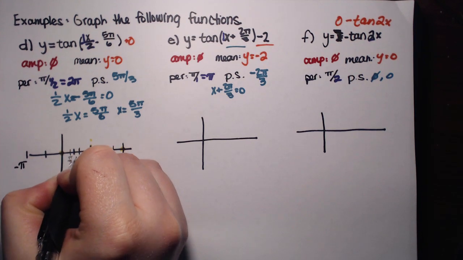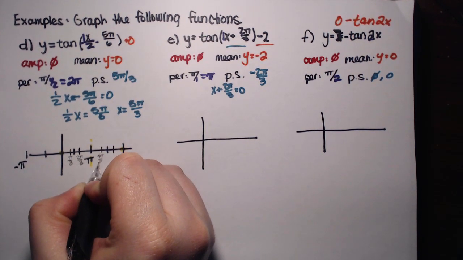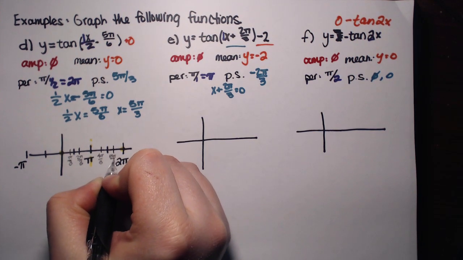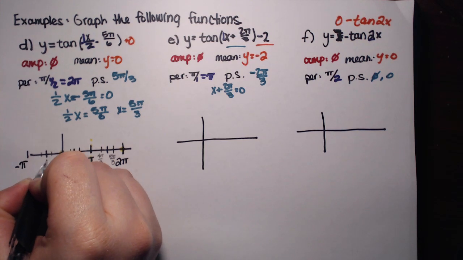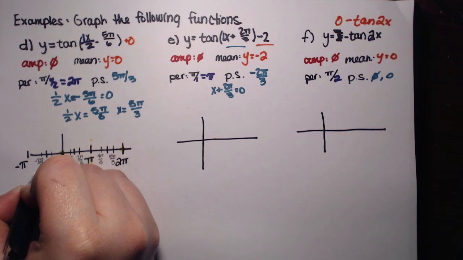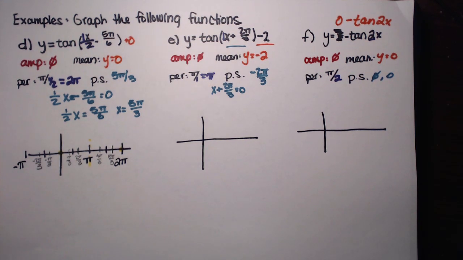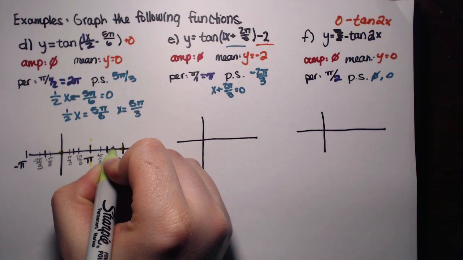Pi thirds, 2 pi thirds, 3 pi thirds, 4 pi thirds, 5 pi thirds, 6 pi thirds, and then I can do the same thing going backwards. So negative pi thirds, negative 2 pi thirds, and so on. So this dot gets moved 5 pi thirds.